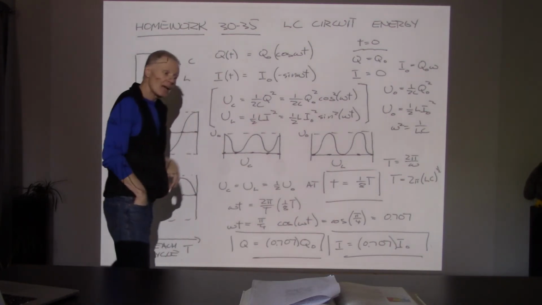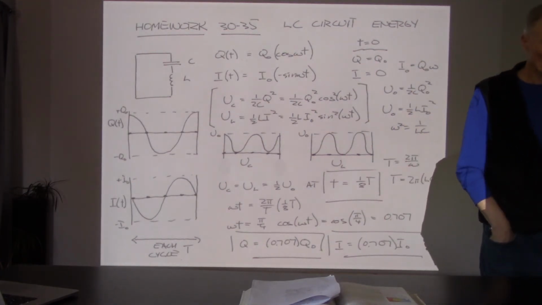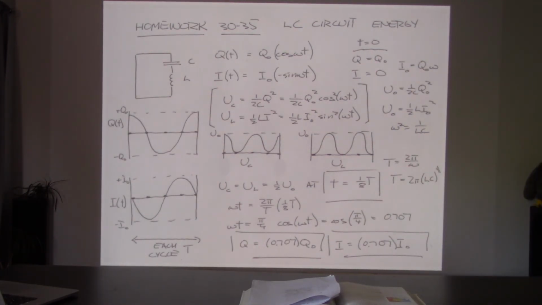Now, in reality, there are going to be losses. There are going to be losses in the wiring. The wire has some resistance, which tends to dissipate energy into thermal energy. And also, as we saw in chapter 31, whenever we have accelerating charges, they radiate energy through electric and magnetic fields.